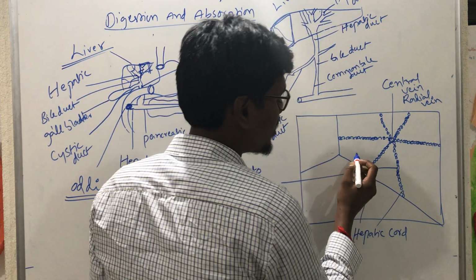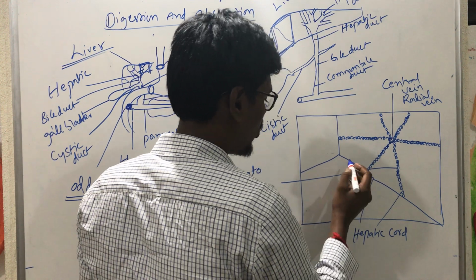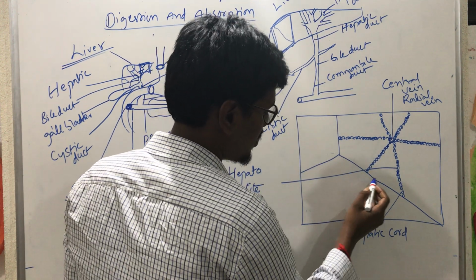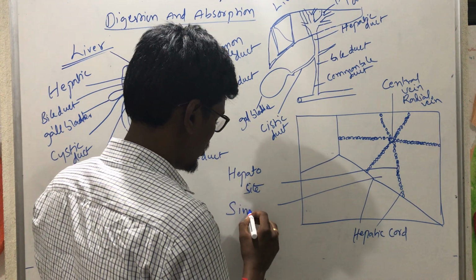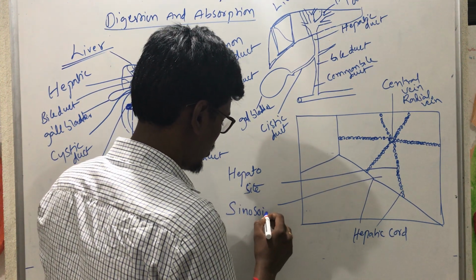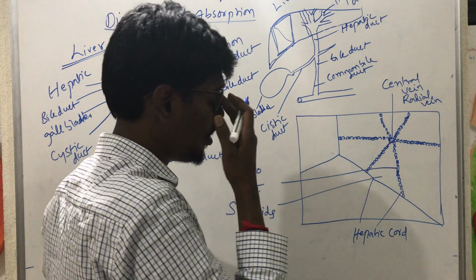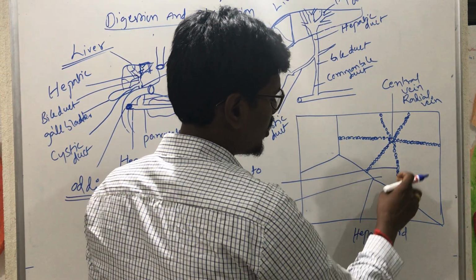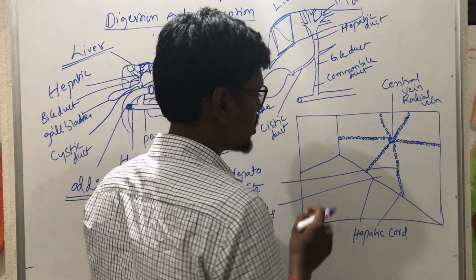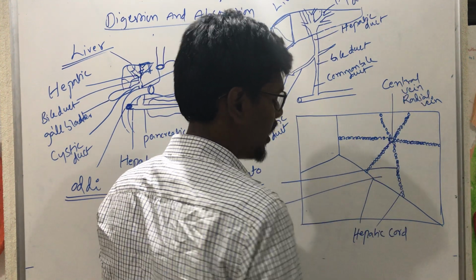Next, in the middle of this place are the sinusoids. Okay, this is called the hepatic cord. These cells are called hepatocytes.